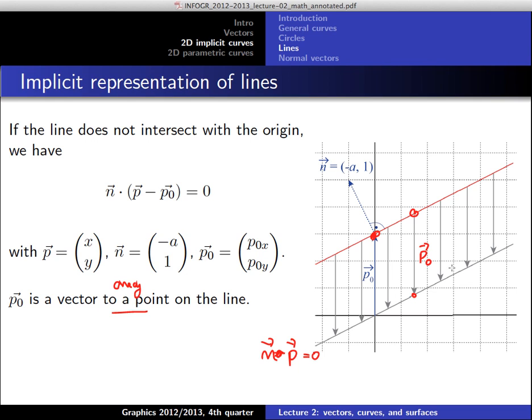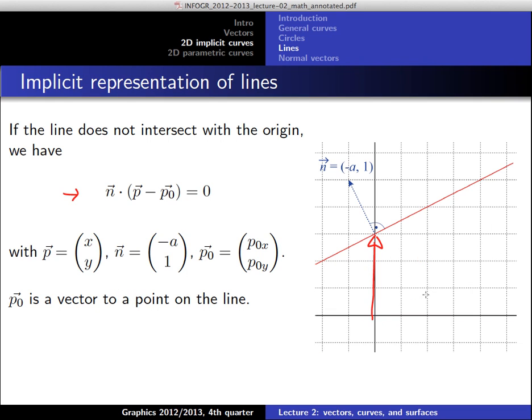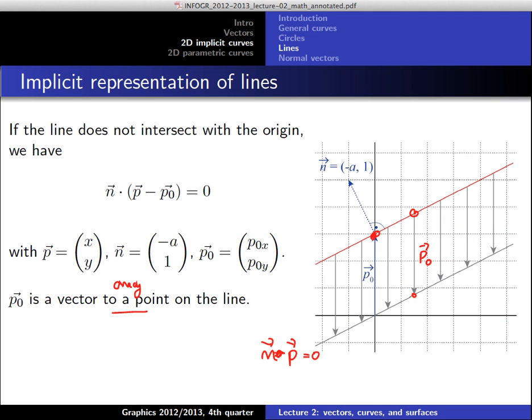So for example, let me draw it here so I don't confuse you too much or screw up the drawing. If we choose this vector, then of course every other value moves here. So instead of just shifting the line straight down, we shift it to the side, but because it extends indefinitely to the left and to the right, there is no difference here. So we can really use any point here.